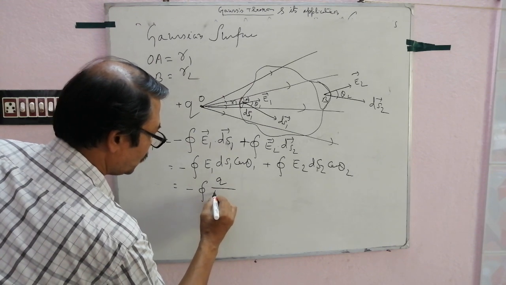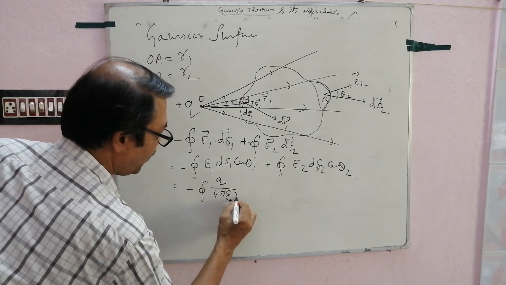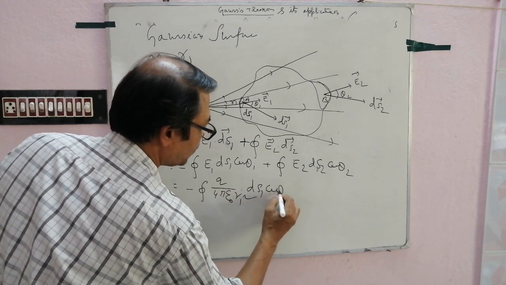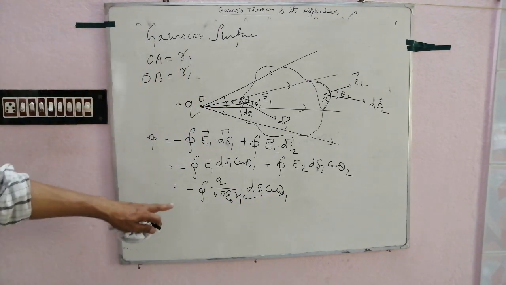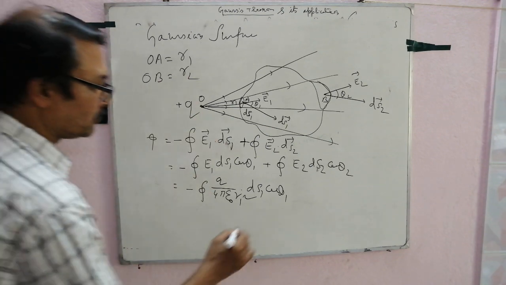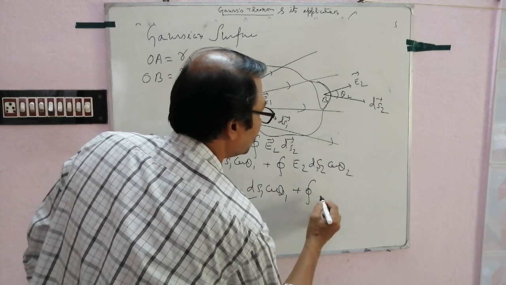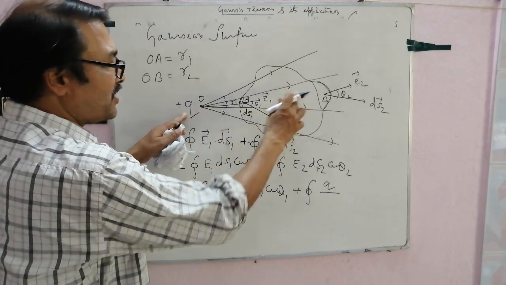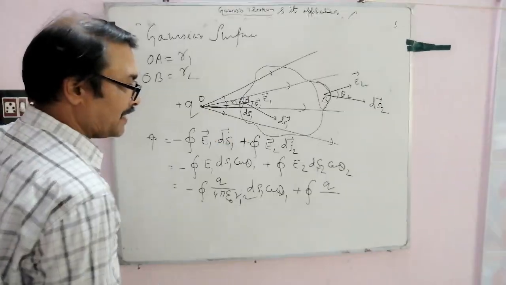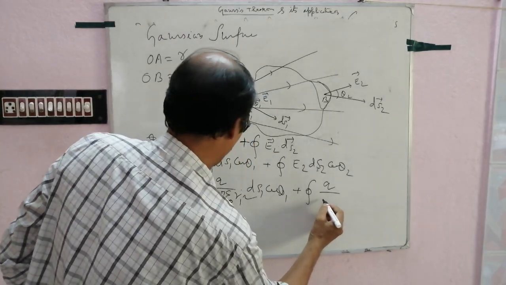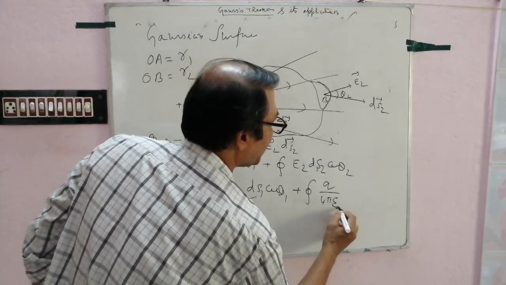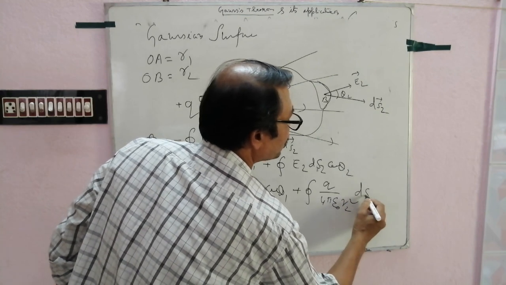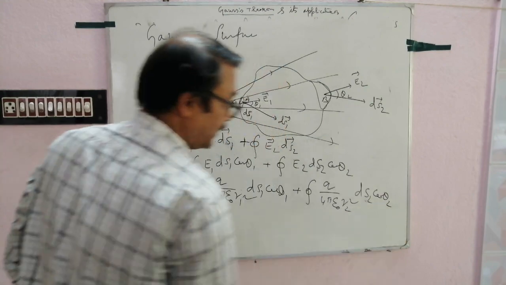Q by 4 pi epsilon 0 R1 square ds1 cos theta 1, okay, in vacuum, plus Q by 4 pi epsilon naught R2 square ds2 cos of theta 2, because the field is due to the same point charge but the distance is different.